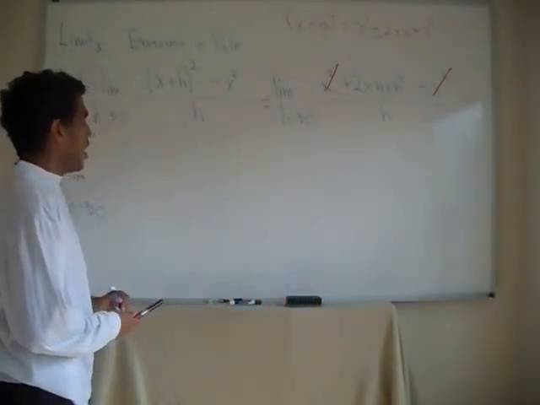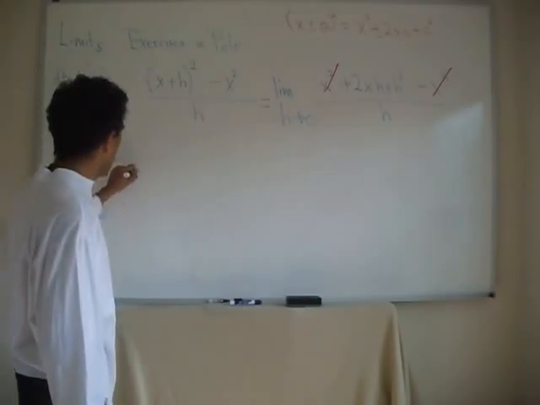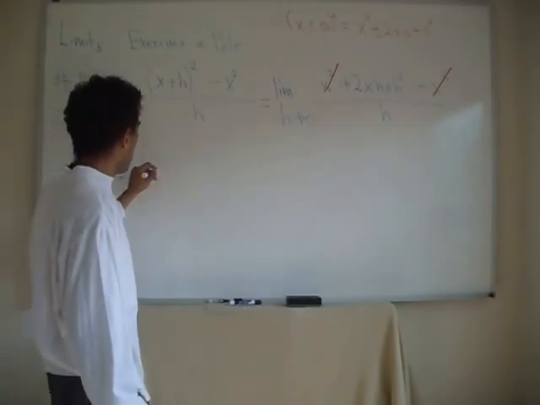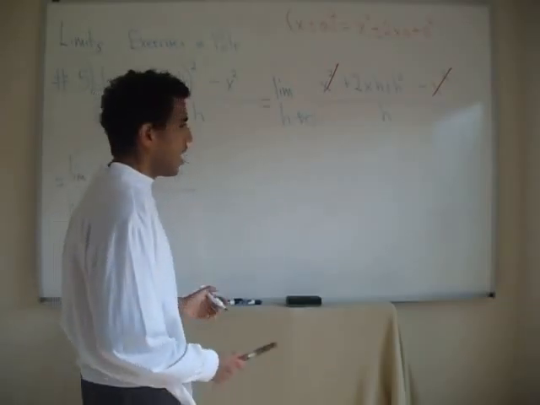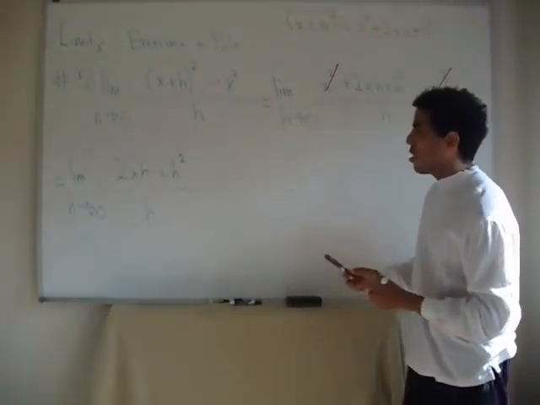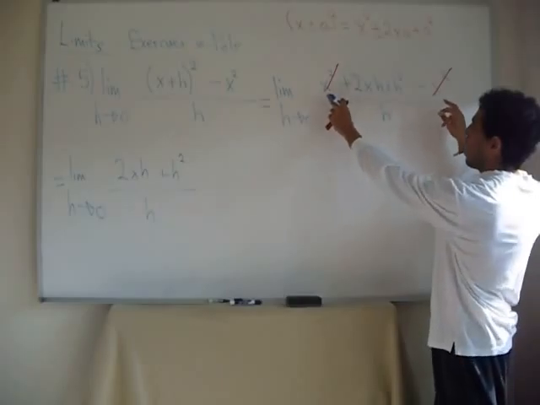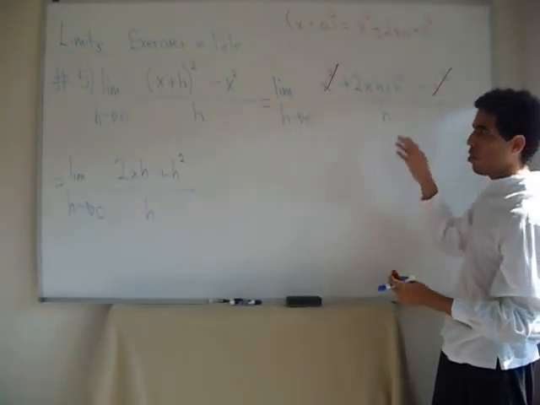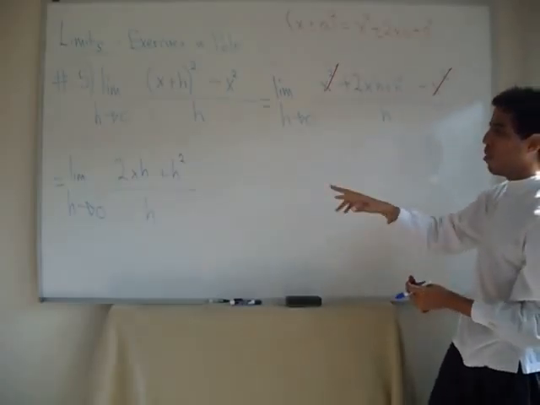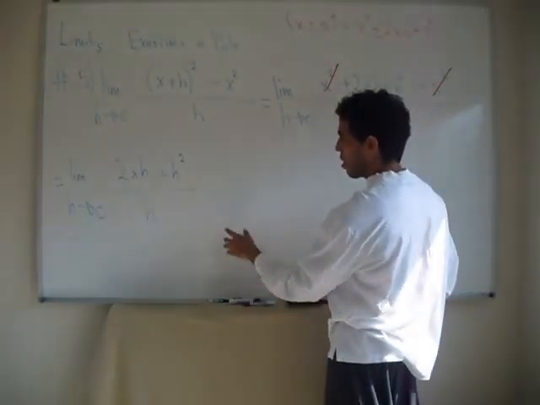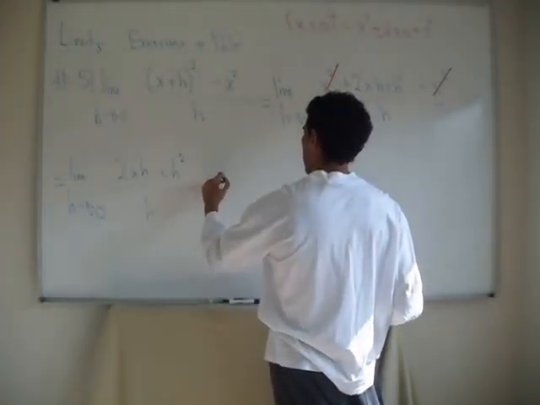So I end up with 2xh plus h squared over h. Again, what did I do? I just simply got rid of the parentheses because there was no multiplication, and x squared minus x squared is 0, so I canceled them. And then I ended up with this, okay? 2xh plus h squared, okay? This is my expression.